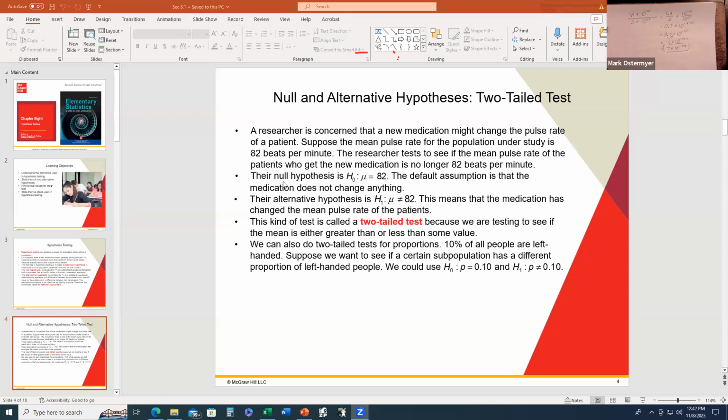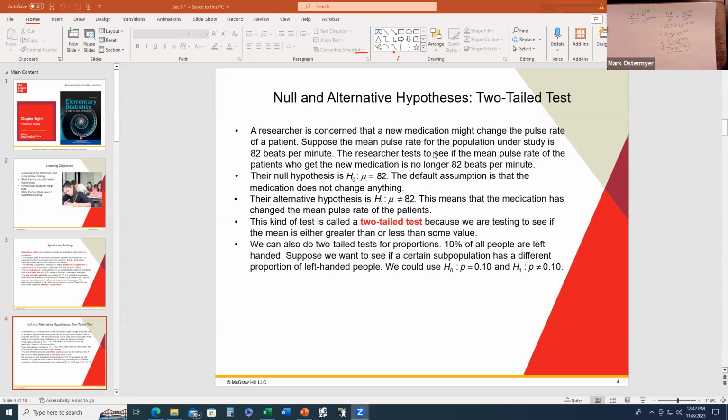Therefore, their null hypothesis is going to say that the mean heart rate of all people in the population is equal to 82. And the alternative hypothesis would state that the mean heart rate is not equal to 82 beats per minute.